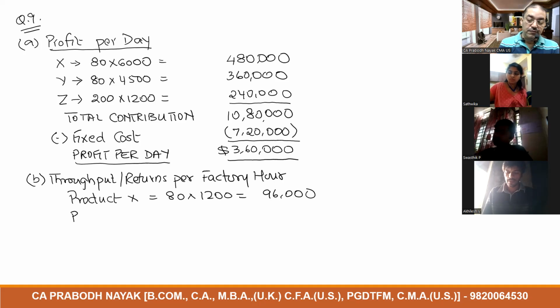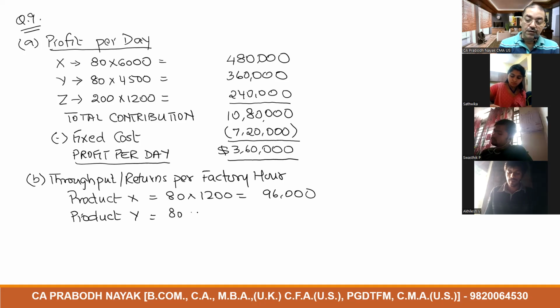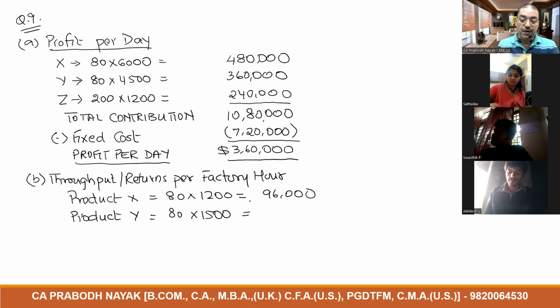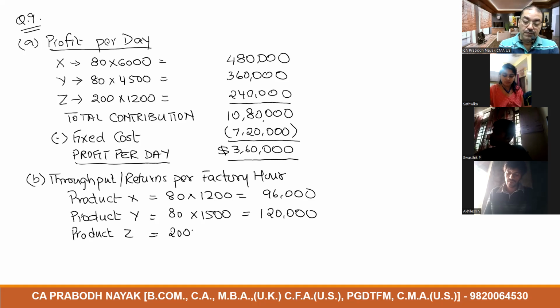For product Y, it is 80 into 1500, because you can produce 1500 per hour. So that will come to 1,20,000. And for product Z, it is 200 into 600. That is 1,20,000 again.